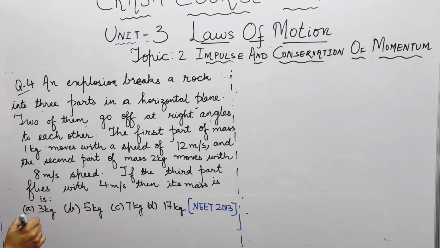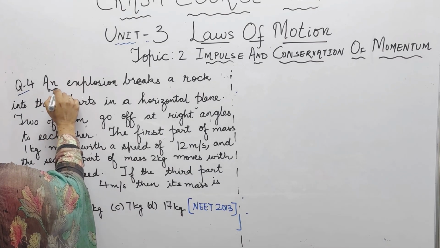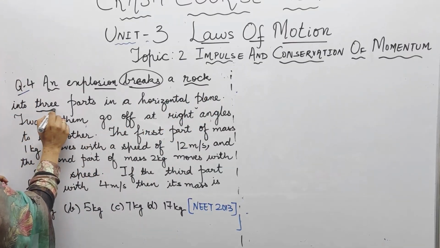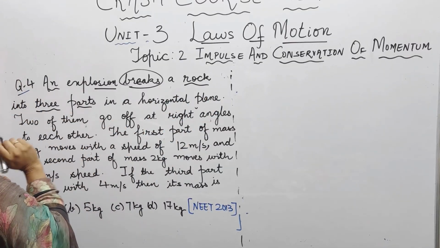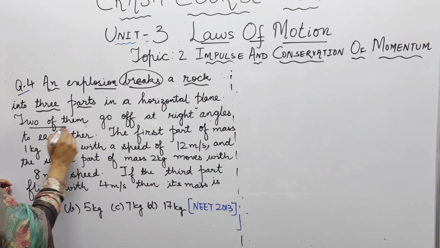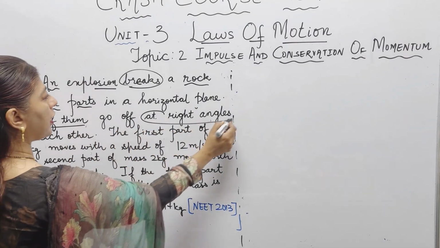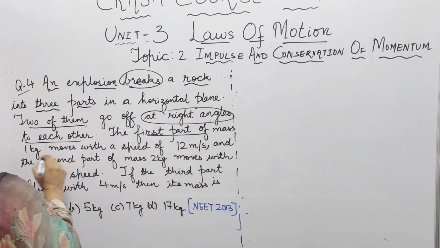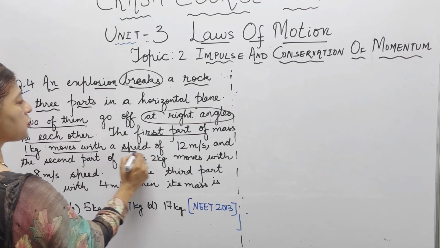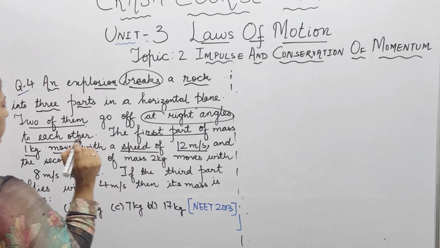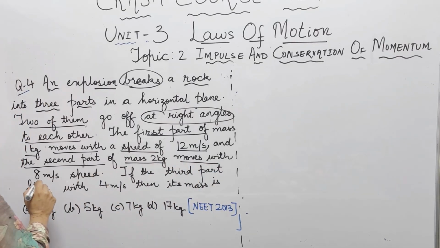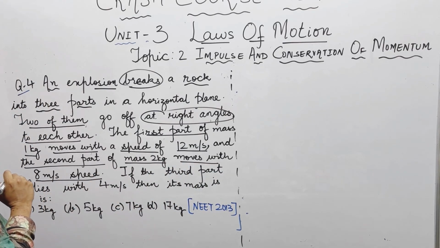Let us see the question number 4. An explosion breaks a rock into 3 parts in a horizontal plane. 2 of them go off at right angles to each other, and the first part of mass 1 kg moves with a speed of 12 meter per second, and the second part of mass 2 kg moves with 8 meter per second speed.